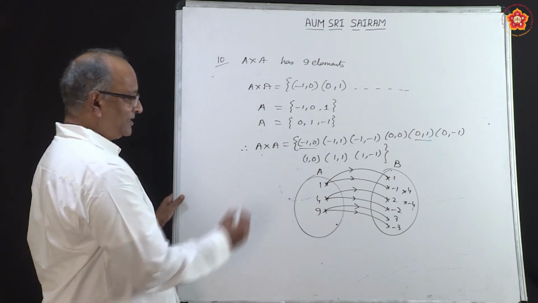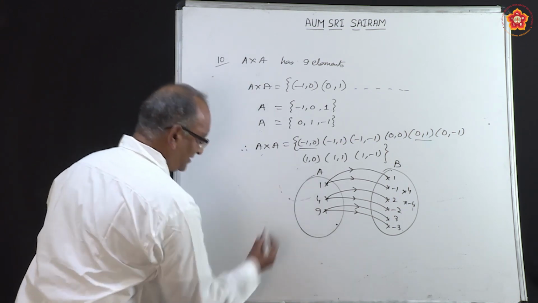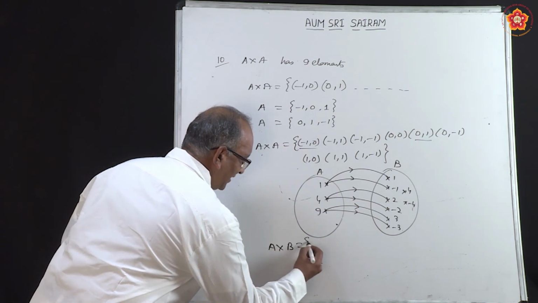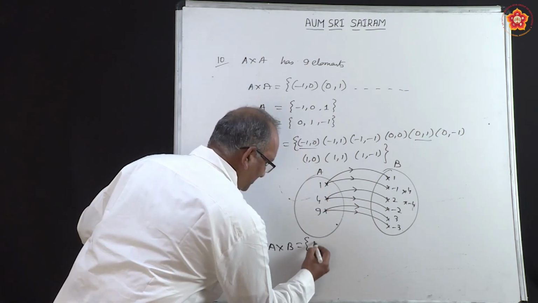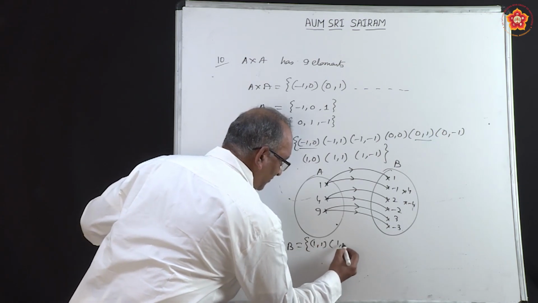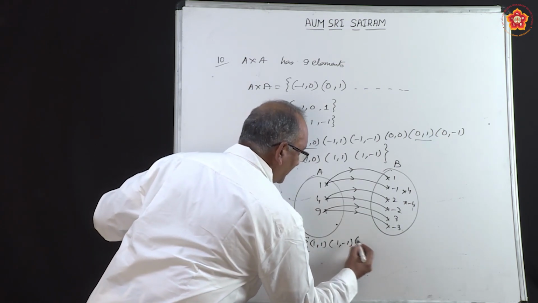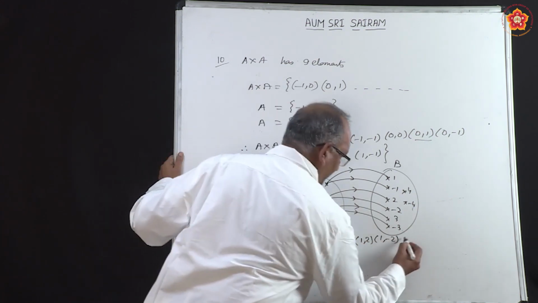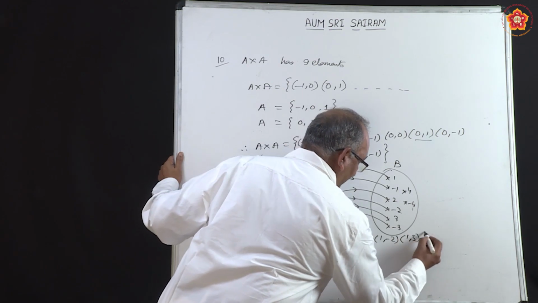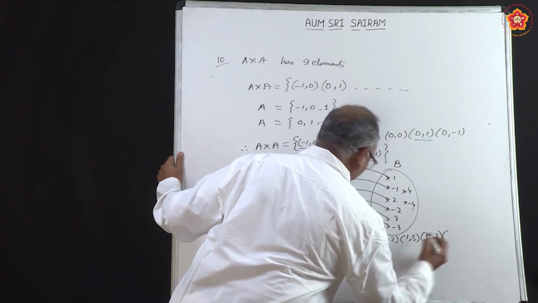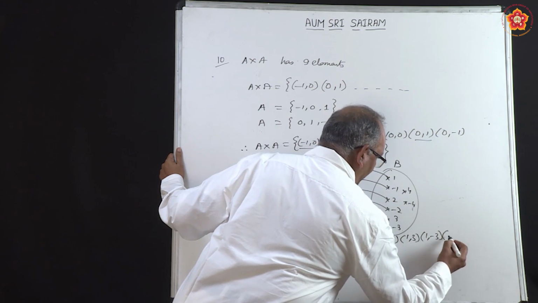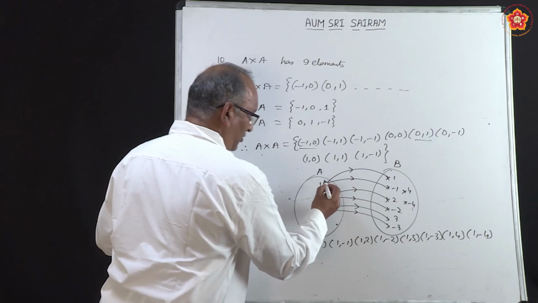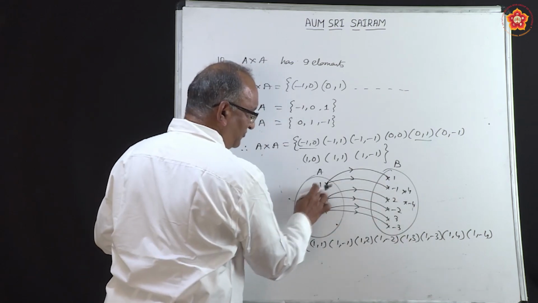So, in order to understand the concept well, even though it is tedious, please write it. Let us say A cross B. What is A cross B? Make pairs: 1 1, 1 minus 1, 1 2, 1 minus 2, 1 3, 1 minus 3, 1 4, 1 minus 4. So, all possible ordered pairs with 1 we have made.